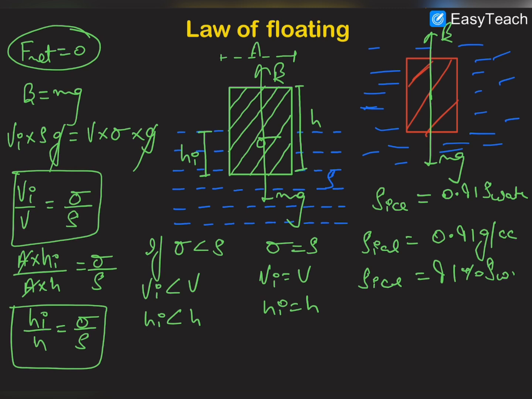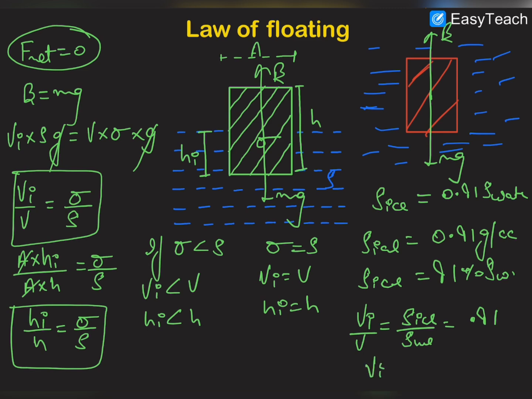And hence for the glaciers which are floating inside the oceans or in water, we can conclude that volume immersed upon volume total of that glacier will be rho ice by rho water, and the ratio of rho ice and rho water is 0.91.